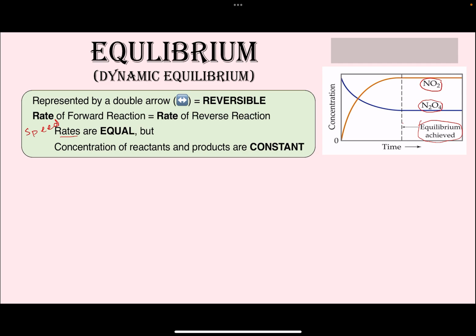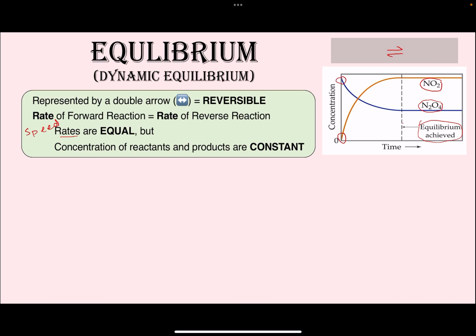So if we try to write an equation for this reaction over here, we have the double arrow in between, and we want to figure out which one out of these two gases is our reactant and which one is the product. So is NO2 the reactant or is N2O4 the reactant? We notice that NO2 is starting with a 0, and N2O4 is starting with some concentration.